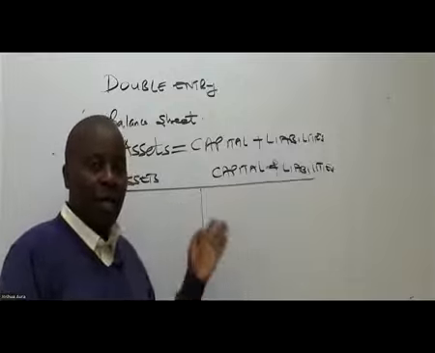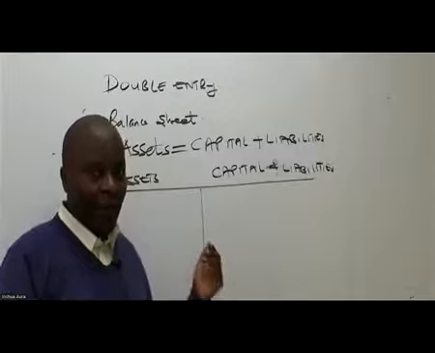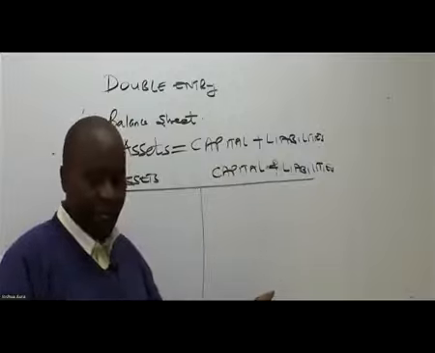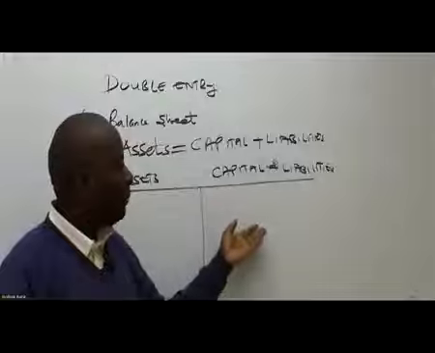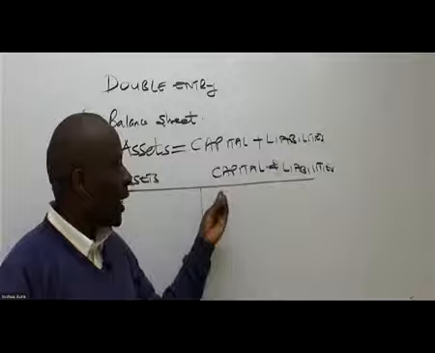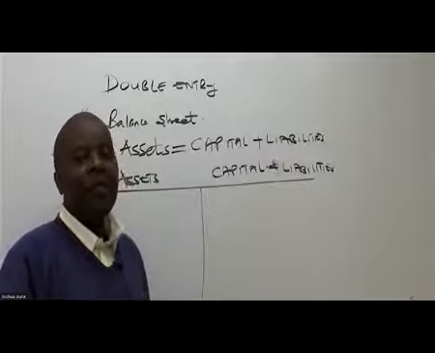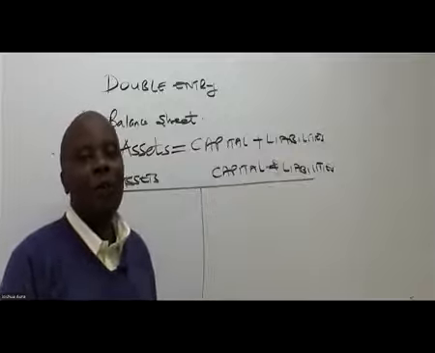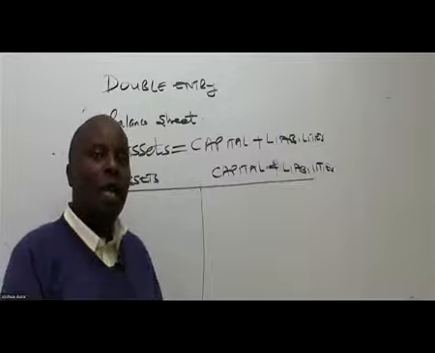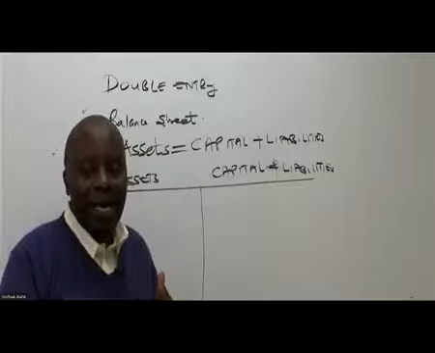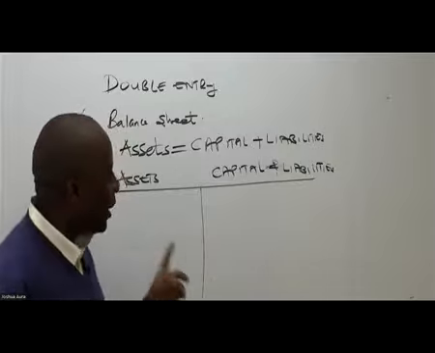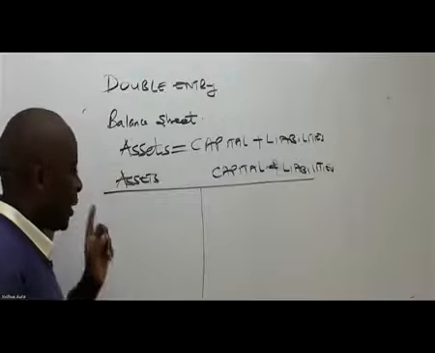Perhaps the owner brought in money through owner's contributions, that is capital. Perhaps this vehicle was bought on credit, so we incurred a liability.